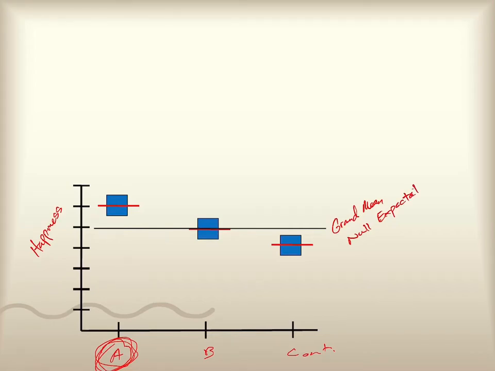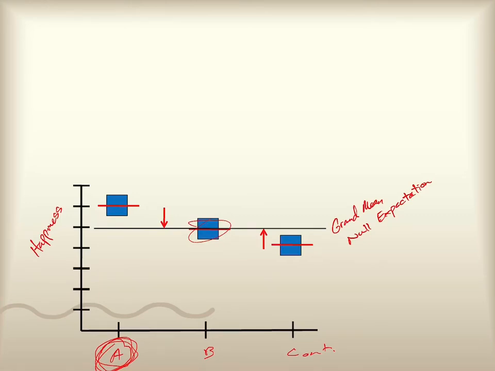In other words, if these groups are really no different from one another, if the drug doesn't do anything to happiness levels, we would expect all of these means to be approximately equal to the grand mean. And so what we need to do is compare the difference between groups, the between group variance, between the control group and this grand mean, between drug group A and the grand mean, and between this and the grand mean, although those are identical here.